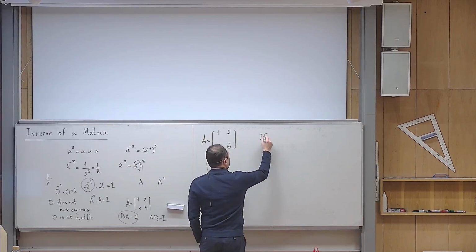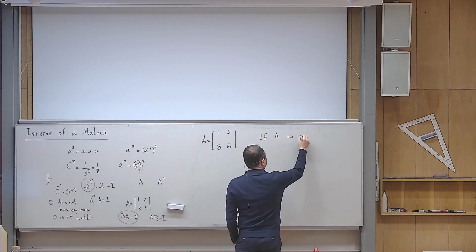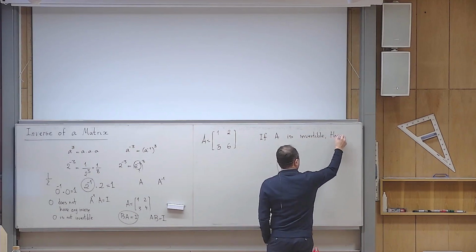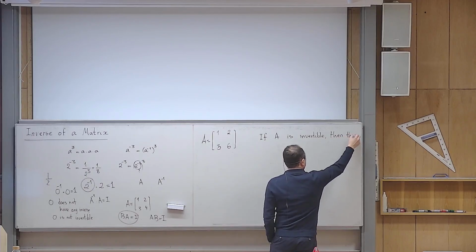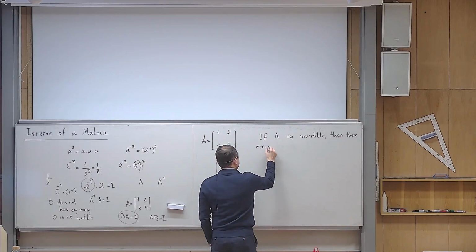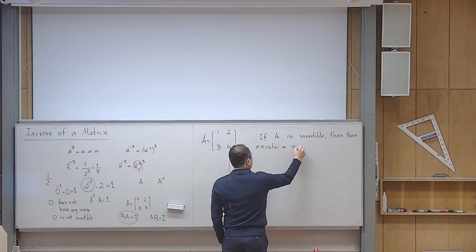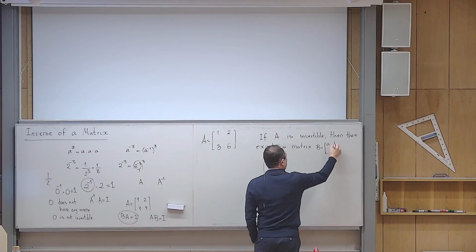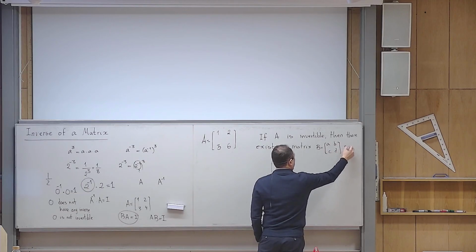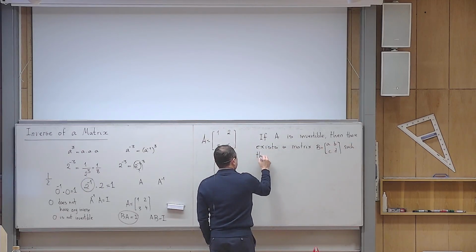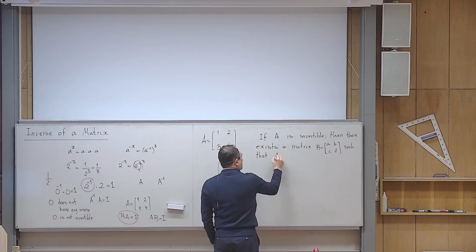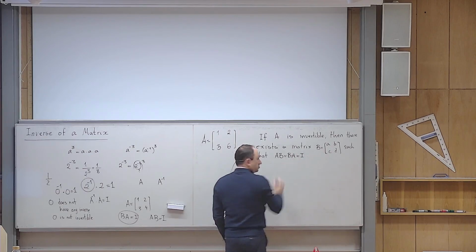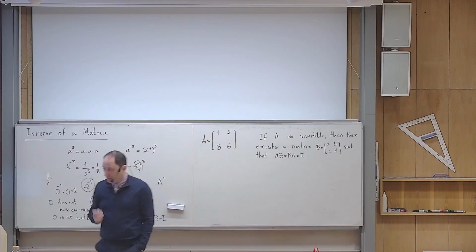If A is invertible, then there exists a matrix B, say A, B, C, D, such that A times B is equal to B times A is equal to the identity matrix. If I can find such a matrix.